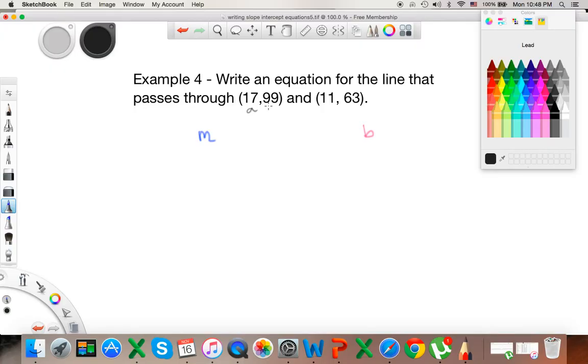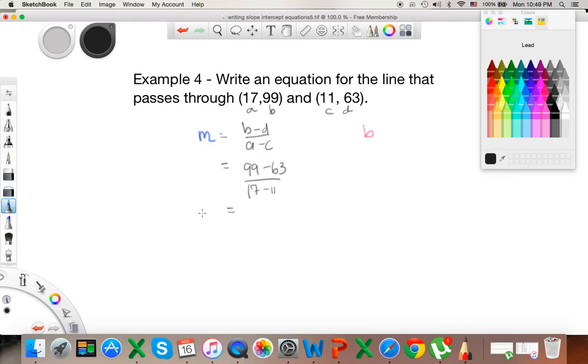I'm going to label this A, B, C, D. So I know that my slope is equal to B minus D over A minus C. Okay, B minus D is 99 minus 63 over A minus C, 17 minus 11.